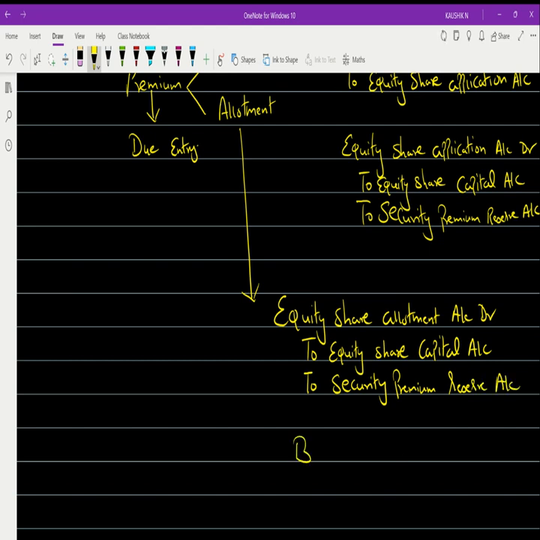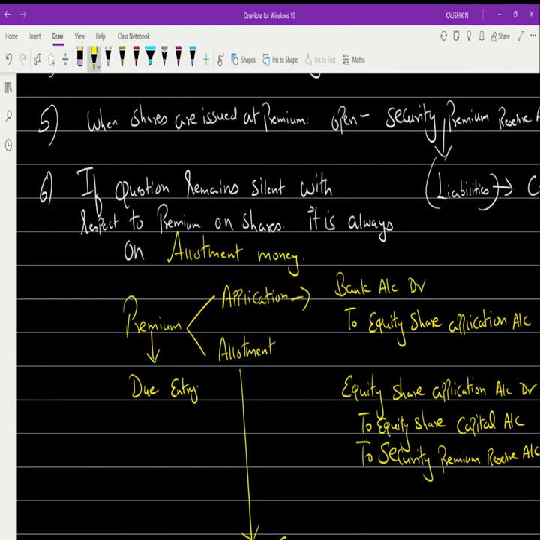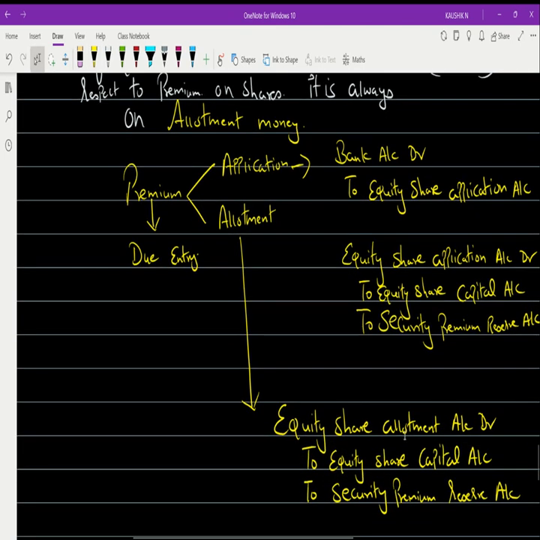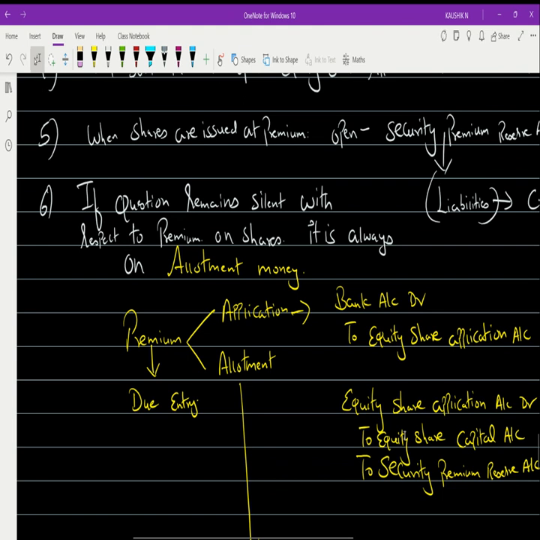Then you will record your receipt entry as bank account debit to equity share allotment account. So remember, only in the call money and in allotment money you will show the SPR, security premium reserve, in the due entry. But if there is any chance of premium appearing in your application, you should show it only in the transfer entry, not in the due entry.